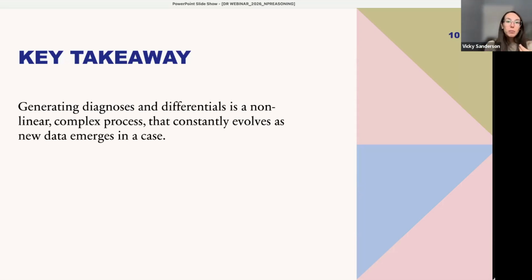It doesn't necessarily mean that you've missed something or done something wrong in that diagnostic process. It just means that diseases evolve over time, things get worse, patients present with new pieces of data, and that's why that hypothesis is constantly being challenged and updated.